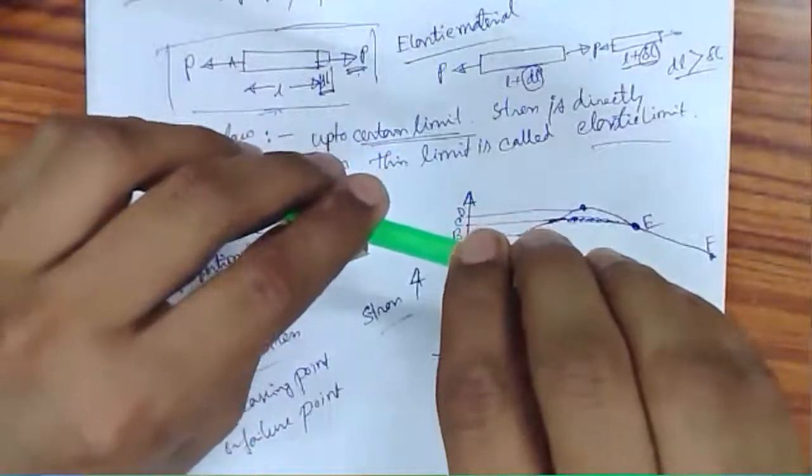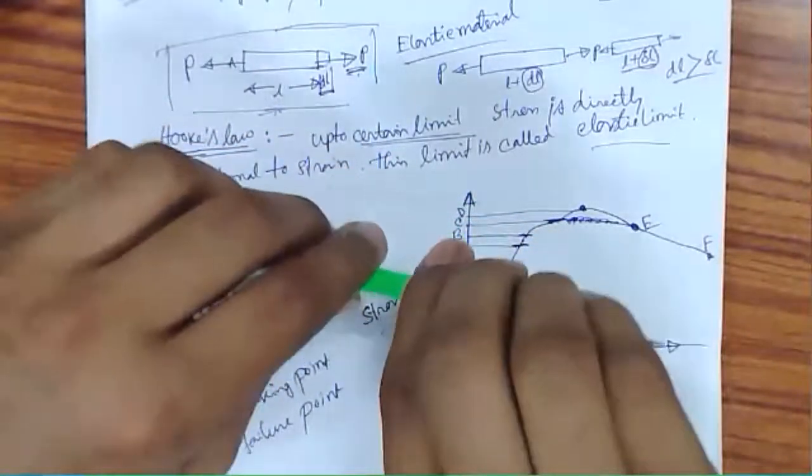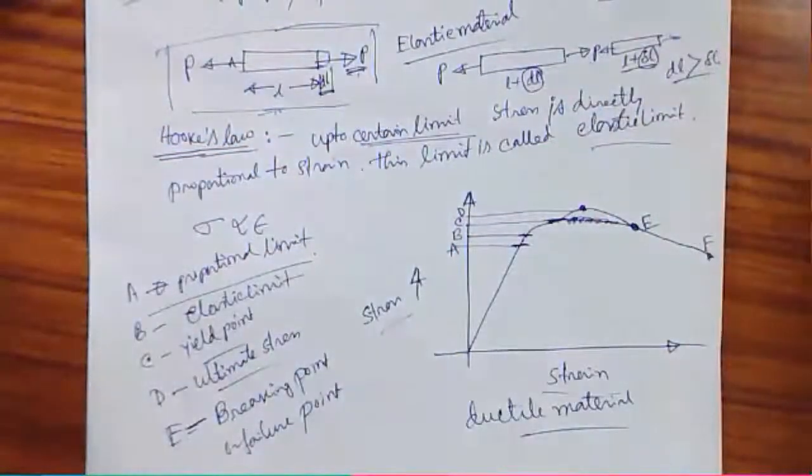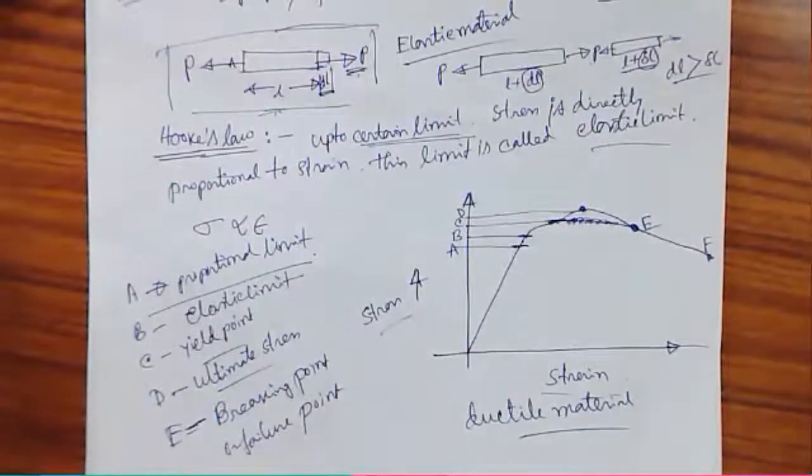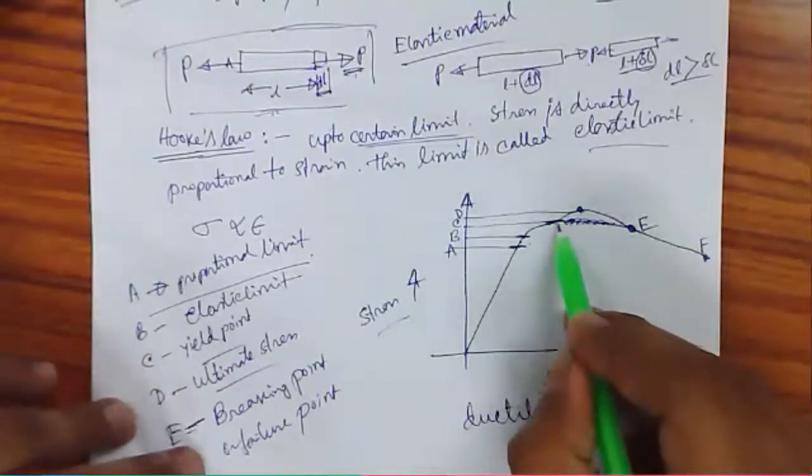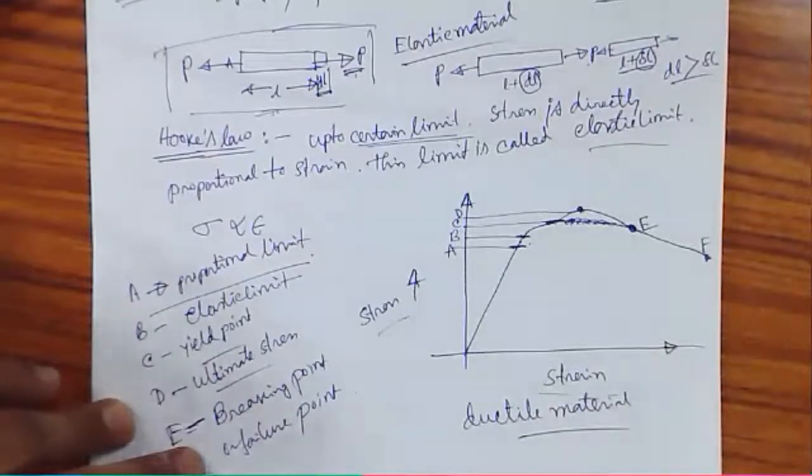You will find after 3-4 bends, it becomes difficult to bend. The object gets hardened and then suddenly it just breaks into 2 pieces. So here also, after this point C, the same thing occurs.